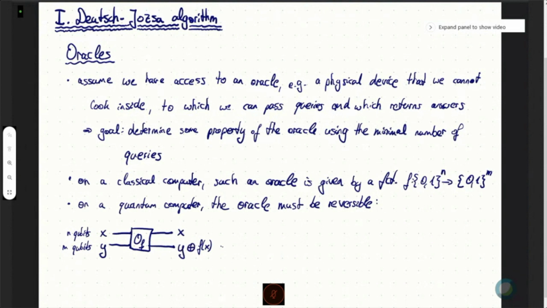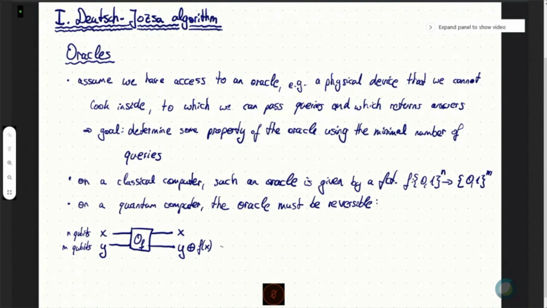In the easiest case, we just put in 0. So we put in x and zeros, and then we get out x and f of x. However, the input does not have to be x. It can also be some qubits y that can even be in superposition. So this is the way we would in general construct the oracle if it goes from n to m qubits.